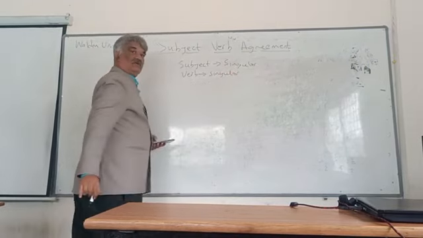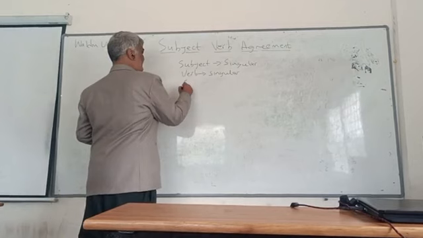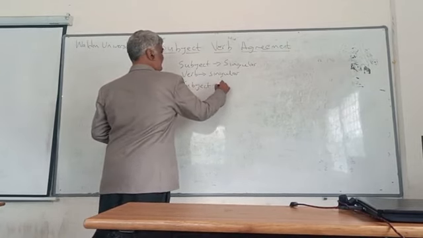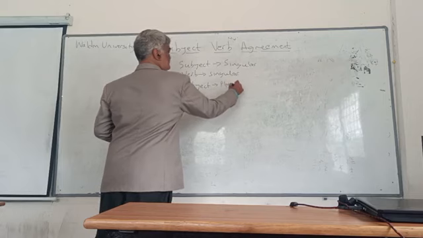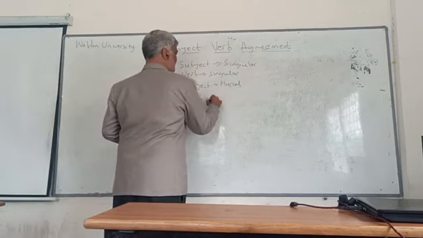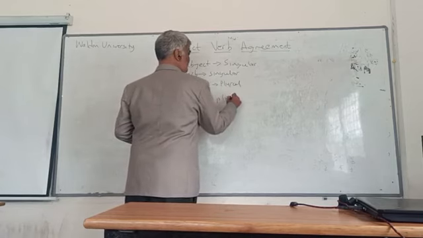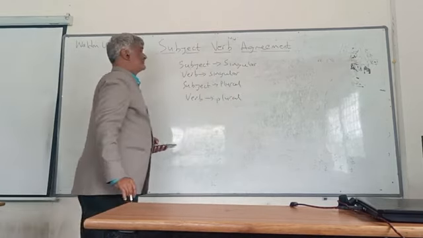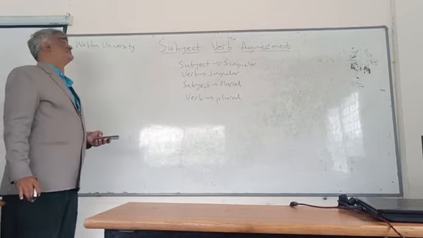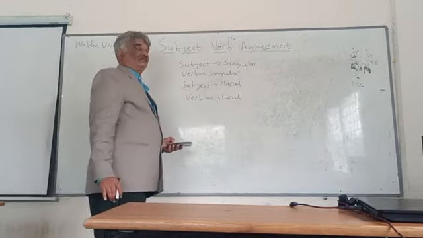But if the subject is plural, the verb should be plural. So if the subject is singular, the verb should be singular. The subject is plural, the verb should be plural.